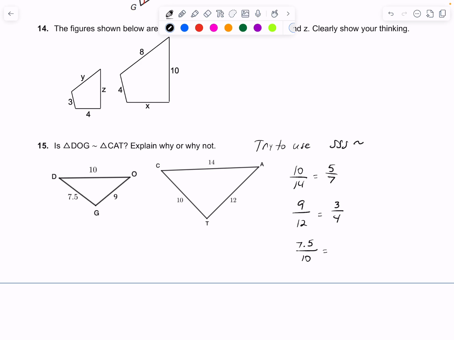And let's see, I can multiply that by 2 and get 15/20. Divide all that by 5 and you get 3/4. So those match up, but unfortunately 5/7 is not the same as 3/4. So you do need all 3 of them to be the same proportion or ratio. Since not all 3 of them were, these are not similar triangles. Close, but they're not. Okay?